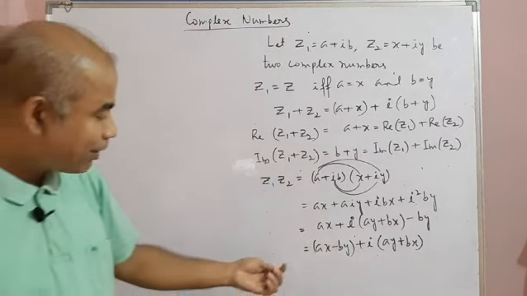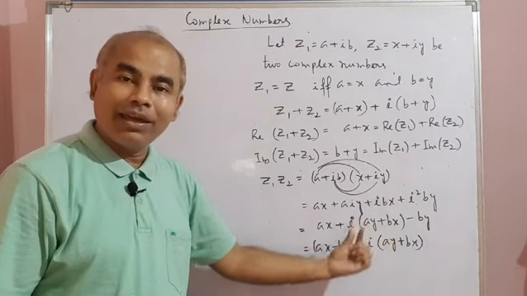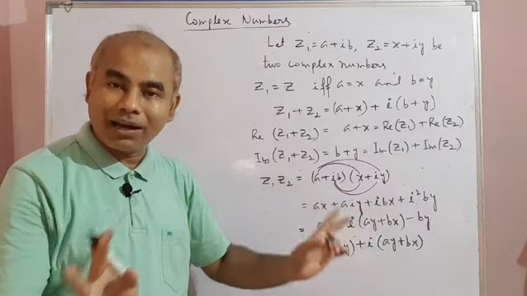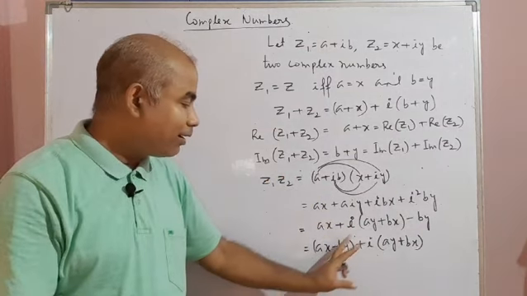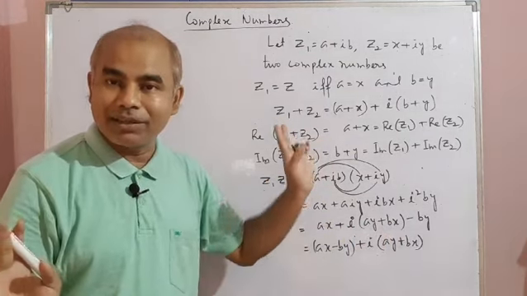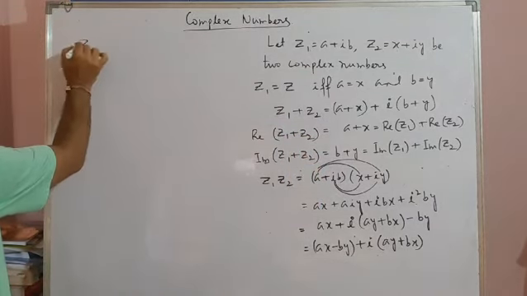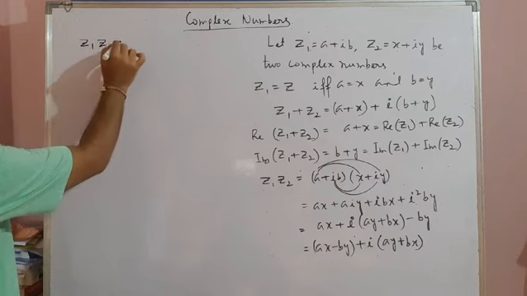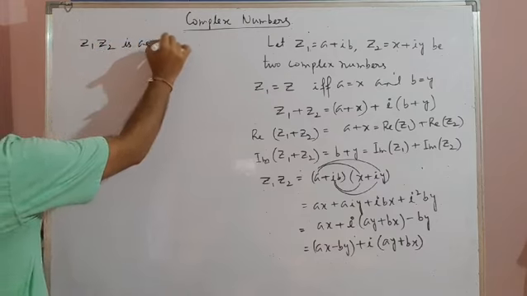Because it is a real number plus I into another real number. A, X, B, Y all are real, so their product, their sum, their difference is again real. So Z1 into Z2, that means when you multiply two complex numbers, is again a complex number.